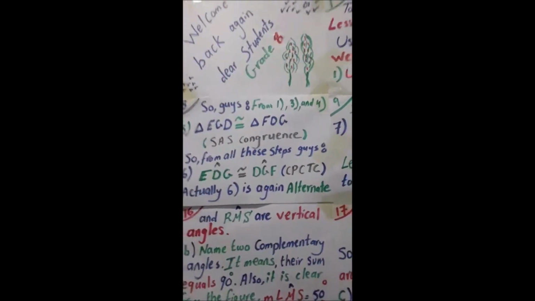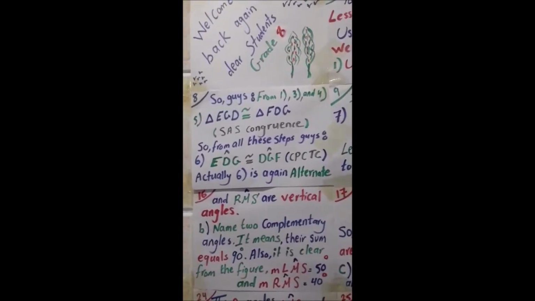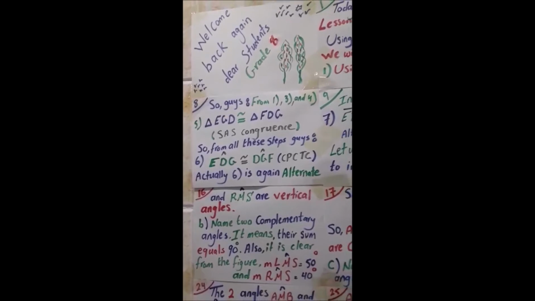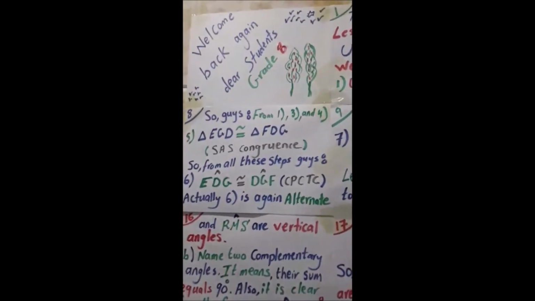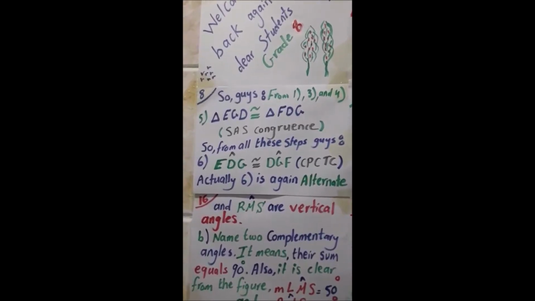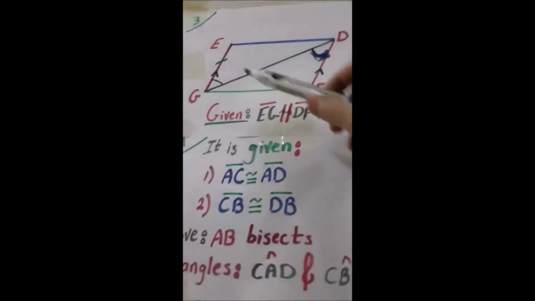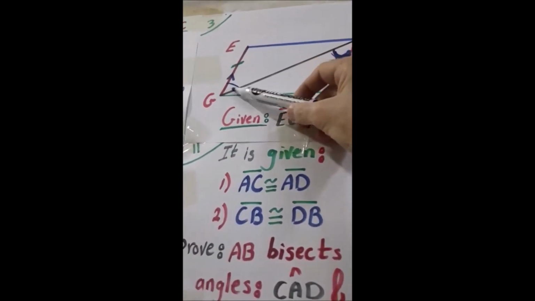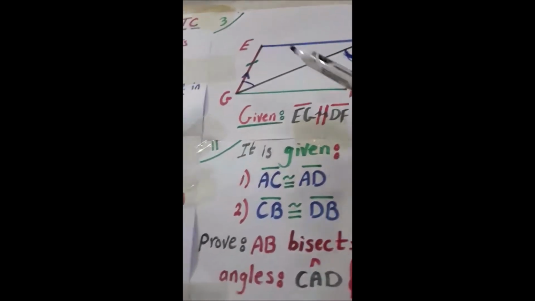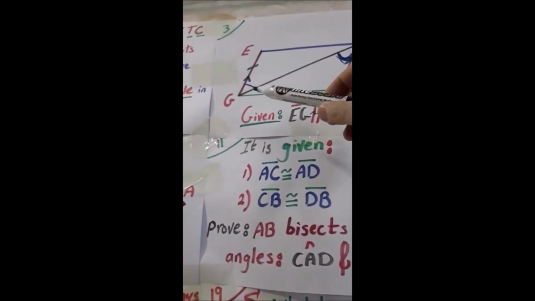So guys, from 1, 3, 4, it's clear that these two triangles are congruent by side angle side congruence. So triangle EGD is congruent to triangle FDG by side angle side. And the important thing, if you remember, is the included angle.